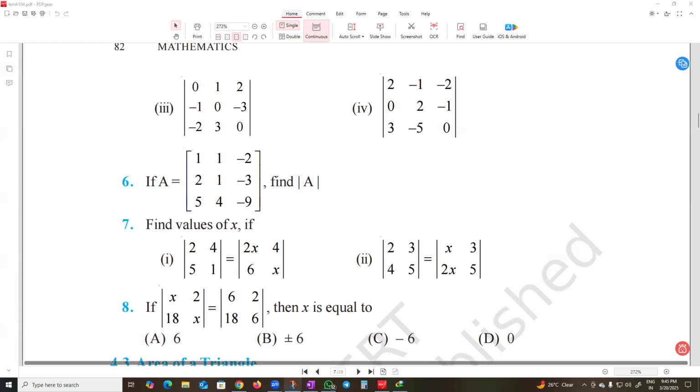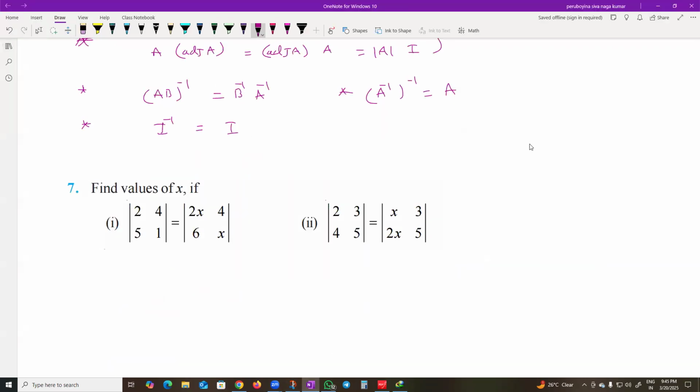Okay, let's try the next, 7th question here. So the 7th is very, very important. Okay, so see what you observed. I'm solving the first problem. Just copy the first problem. 2, 5 and 4, 1 is equal to det of. It's not a matrix, it's a determinant, not a matrix.